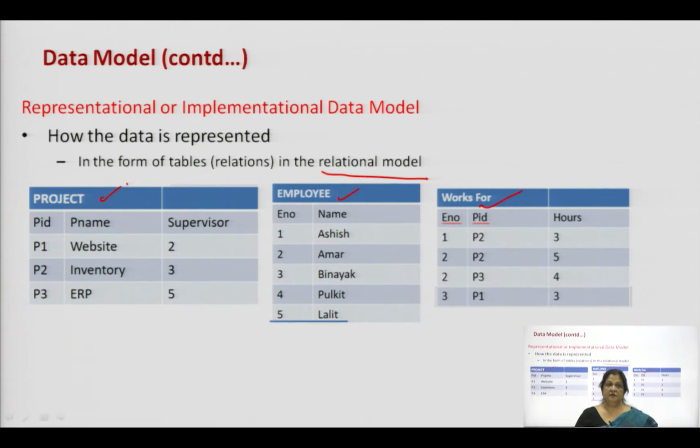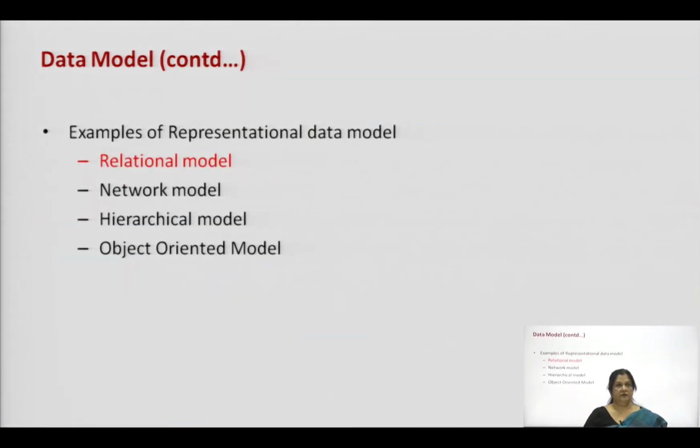Also the tables have columns where the names of the columns correspond to the attributes, or the features or the descriptors that we are using for the various relationships or the objects. Some examples of the representational data model are the relational model, network model, hierarchical model, and the object oriented model, of which I have already told you we will study the relational model in detail.